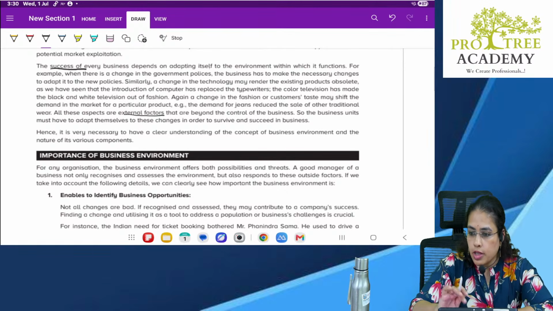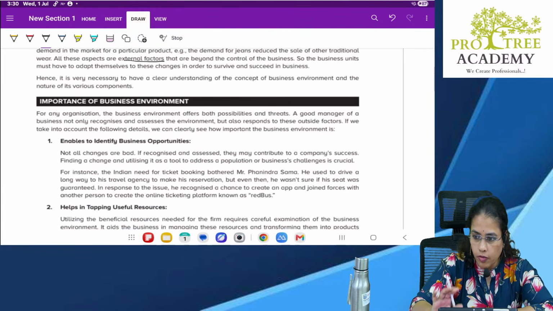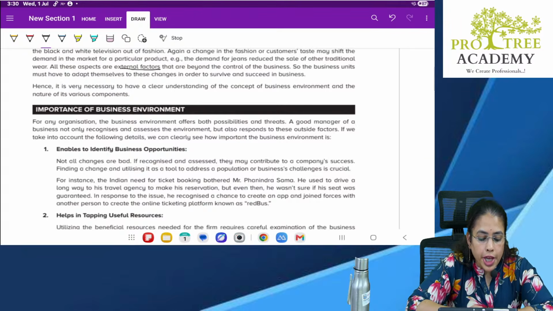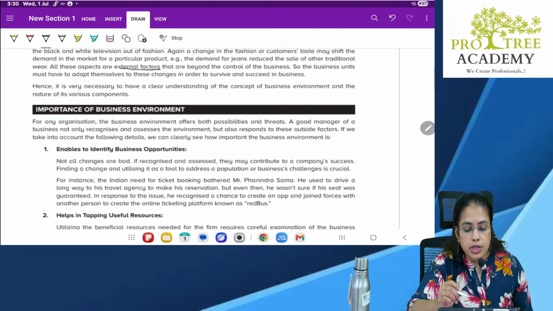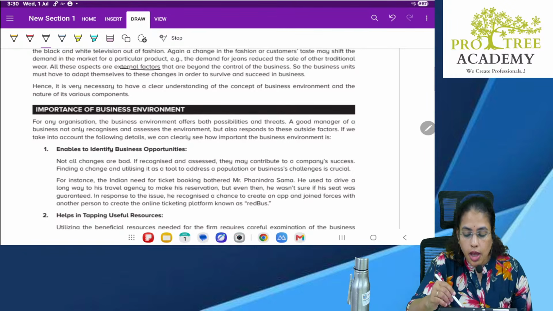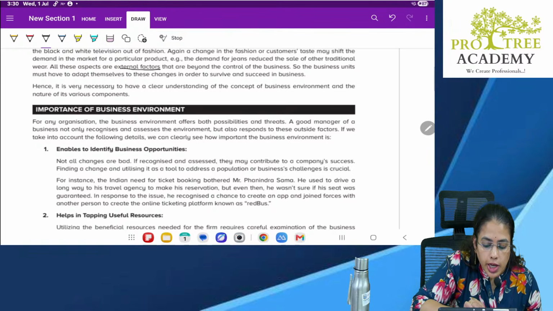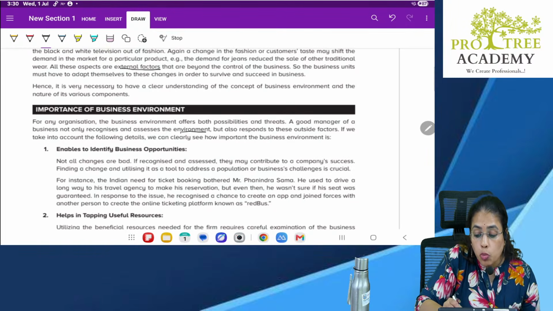Importance of business environment. So what are the various importance of business environment? We'll see. For any organization, the business environment offers both possibilities and threats. A good manager of a business not only recognizes and assesses the environment but also responds to these outside factors.